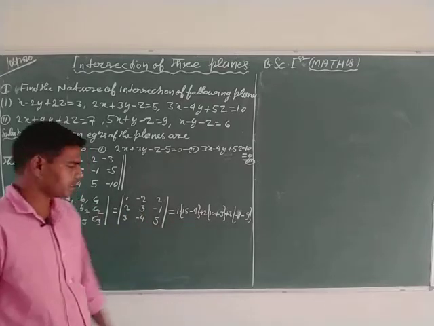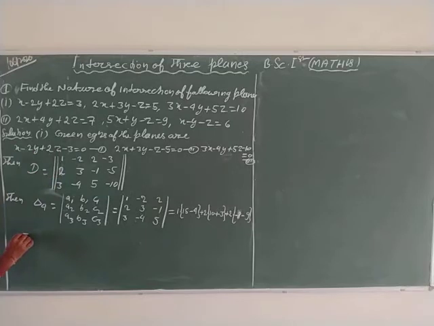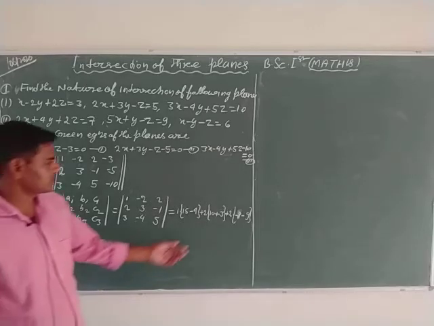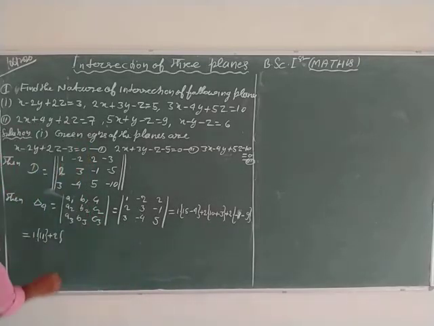Simplification of this bracket: write 1 in bracket, 15 minus 4 is equal to 11, minus is a plus 2. Here 10 plus 3 is equal to 13.